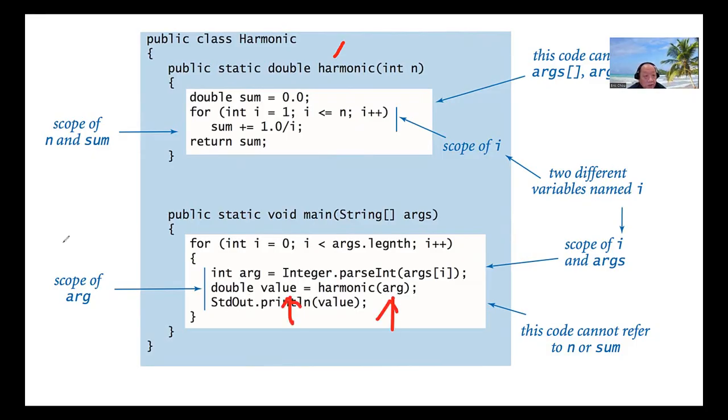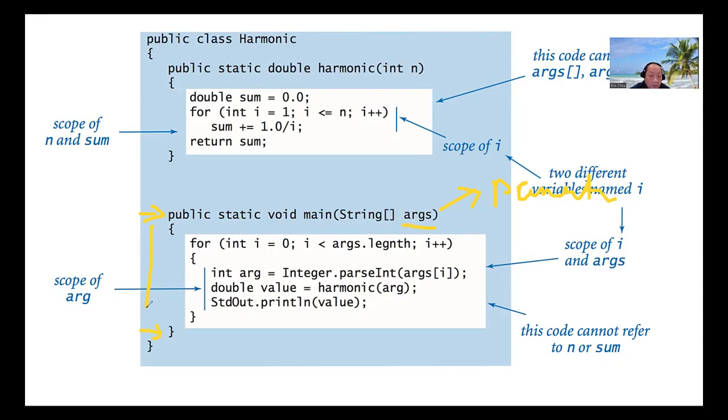Okay, now the scope of the variable. Let's look at a few variables. When you have a variable called argument, this argument is a parameter. This parameter is alive starting from here, and it is done over here.